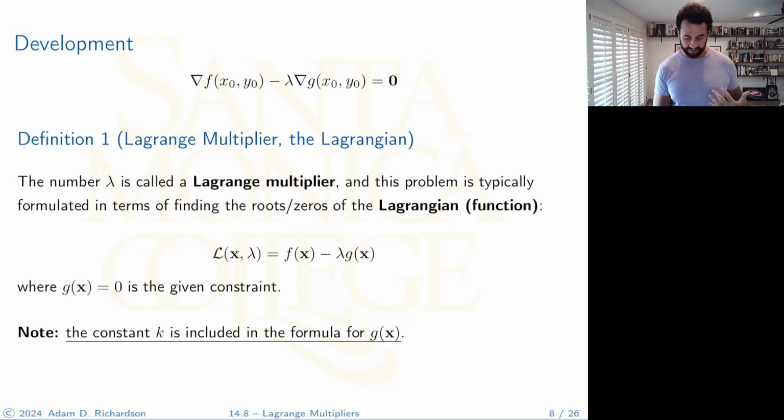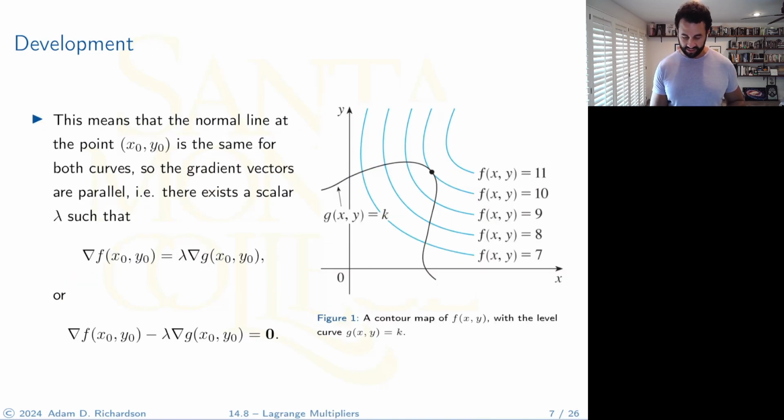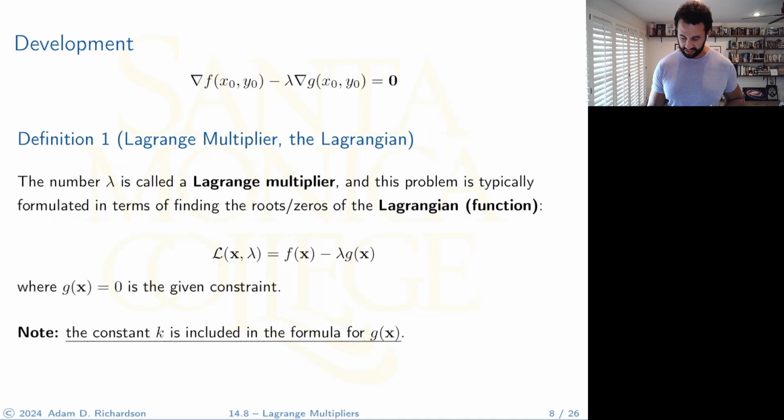So our constraint is going to be given in this form, where g of x equals 0. The constant value k is already wrapped up inside this function, whereas here it is not. I'll show you what I mean when we do an example. But that's what this says: the constant k is included in our formula for g of x.